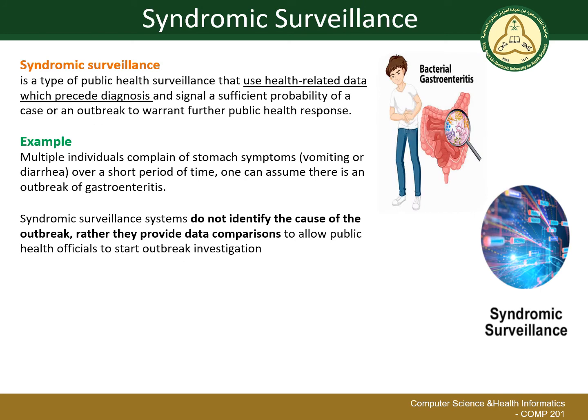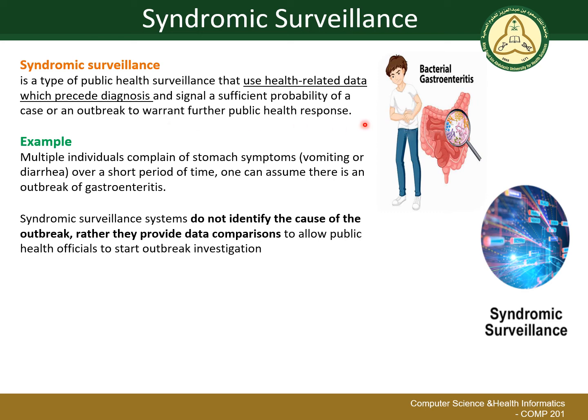The syndromic surveillance is a type of public health surveillance that uses health-related data which precede diagnosis and signal a sufficient probability of a case or an outbreak to warrant further public health responses.